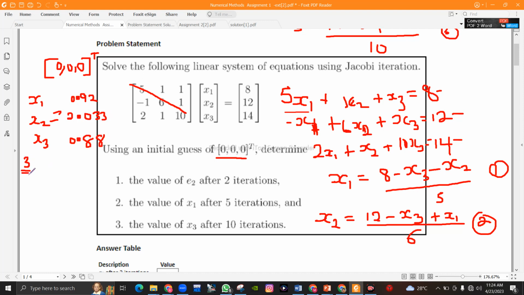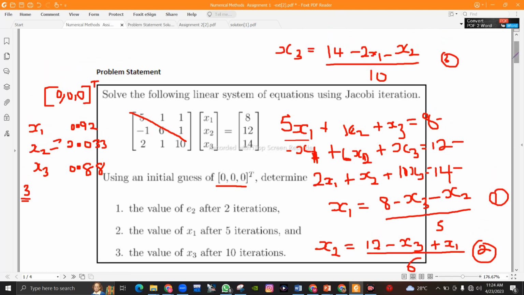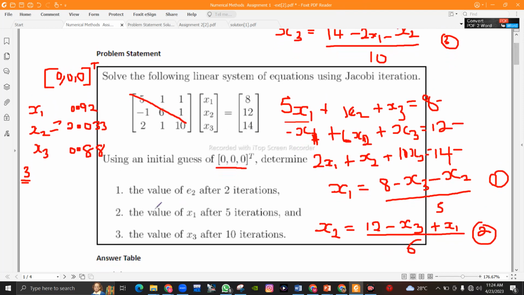For the third one, we still do the same thing. We'll apply our formula as we applied before for the third iteration too. So we are going to have x1 now to be equal to 8 minus x3. That's 8 minus 0.88, then minus x2.